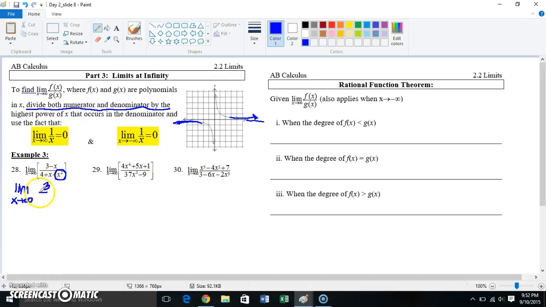So I'm going to get 3 over x squared, minus x over x squared, which is 1 over x. In the denominator, 4 over x squared plus 1 over x minus 1.